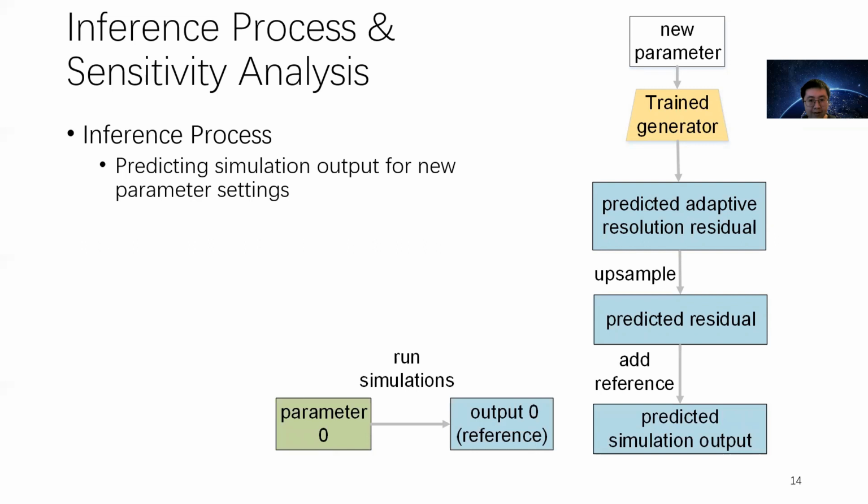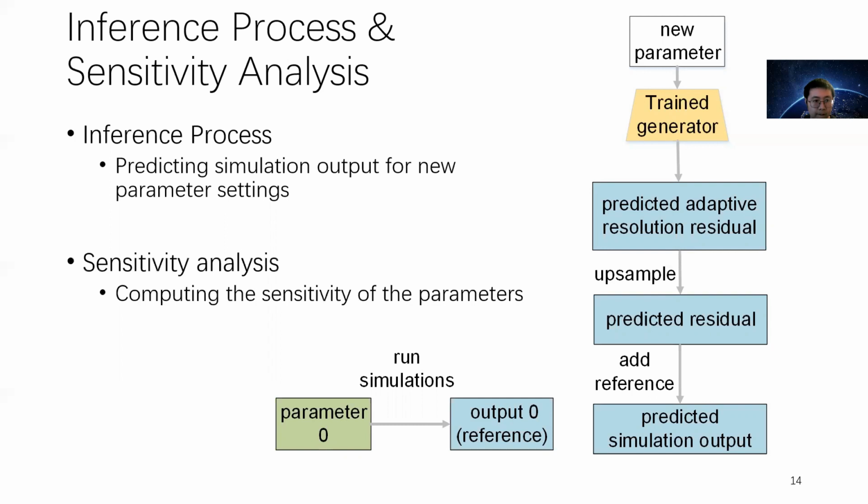Finally, we add the stored reference ensemble member back to the residual to get the predicted simulation data with full resolution. Also, inspired by previous works GNVR and InstruNet, we exploit GNN-Surrogate's differentiability to perform sensitivity analysis on simulation parameters.